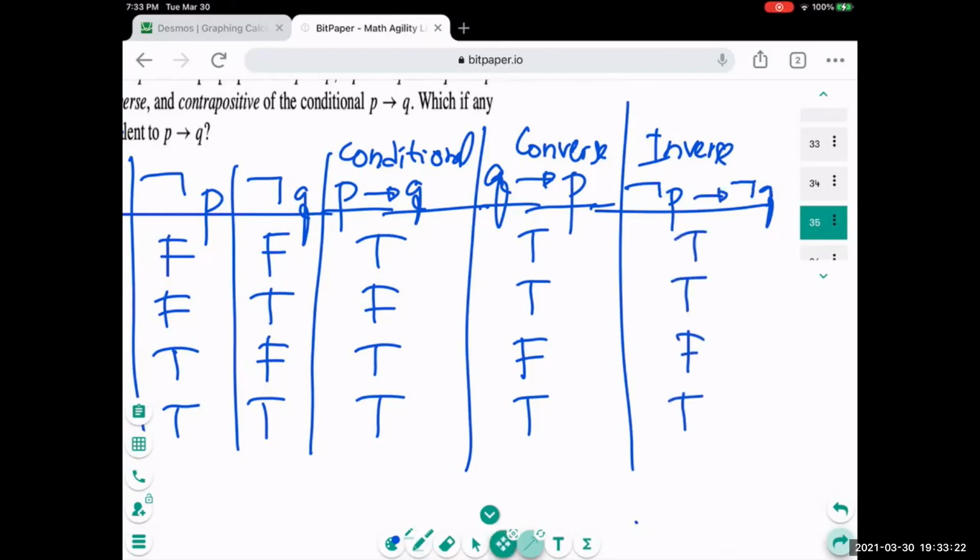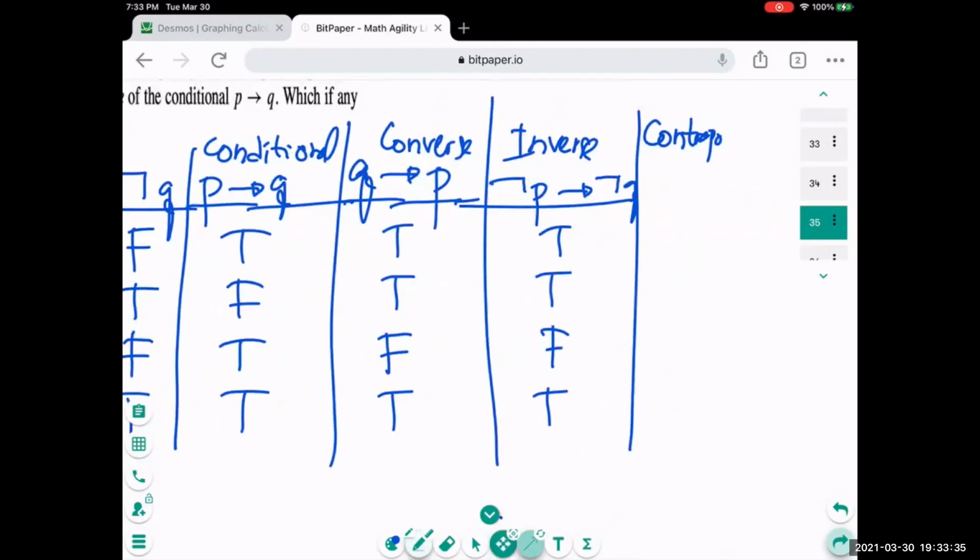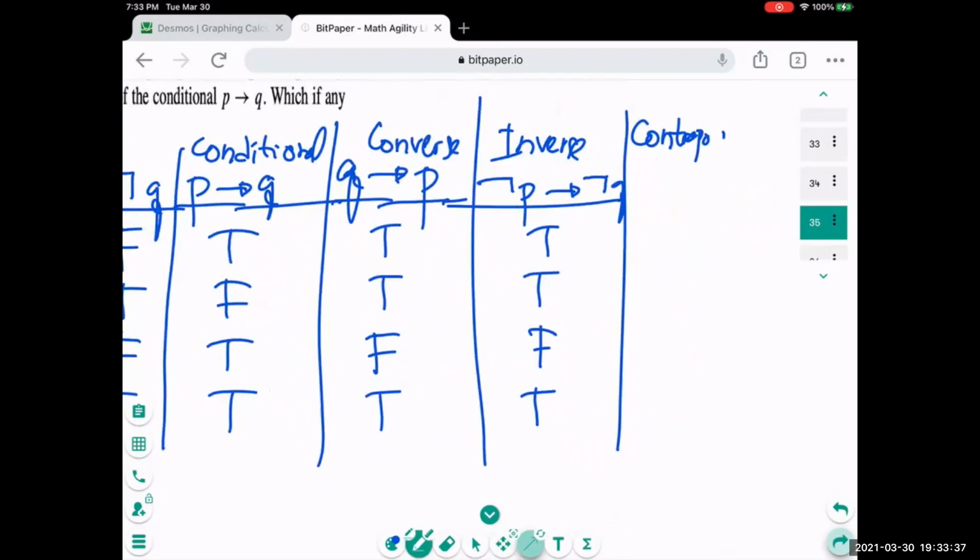And then yung last is yung contrapositive. So, ang sabi sa contrapositive is kabaliktaran naman ng negation ng Q conditional to the negation of P. Binaliktad natin yung inverse.